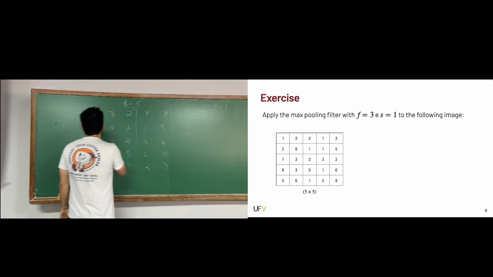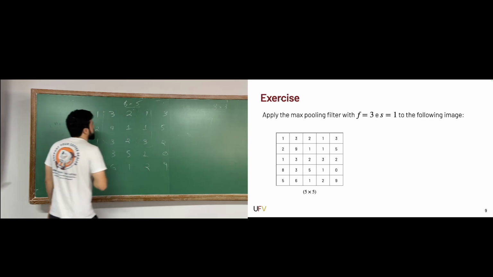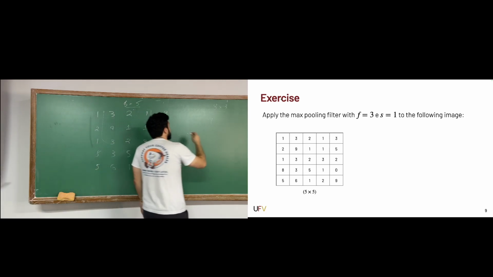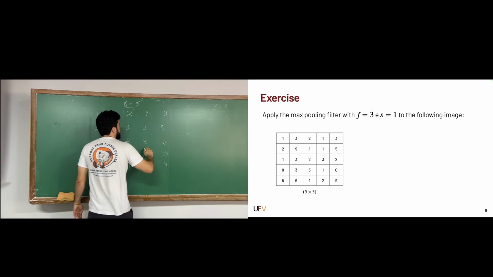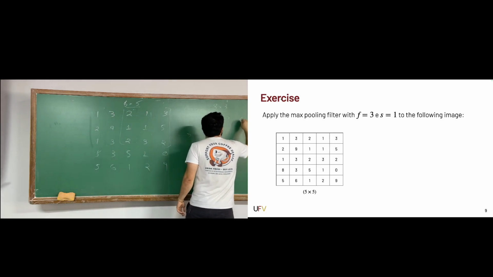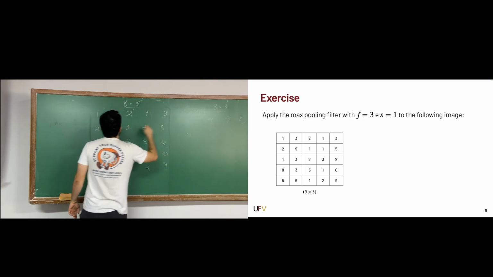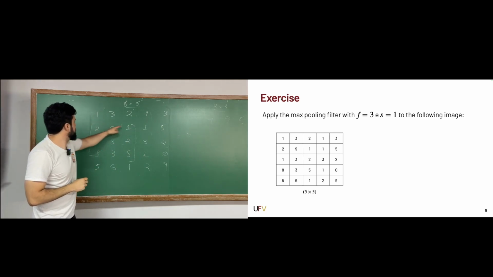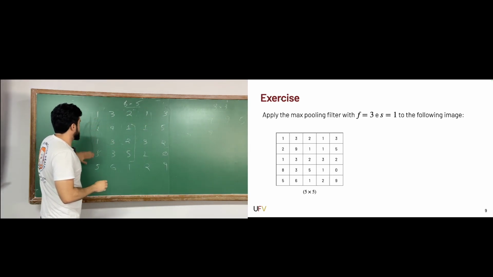And then we slide it by 1. And then we are here now. And this is a 9 again, right? And now we slide it by 1 again. And this is 5. Now we are at the end, so we go back and place it here. Again, 9. 9 again, right?